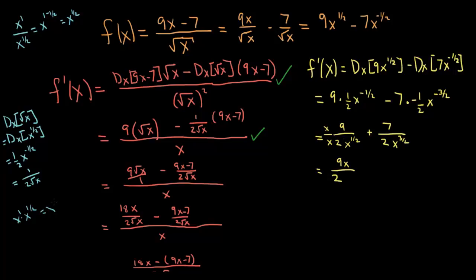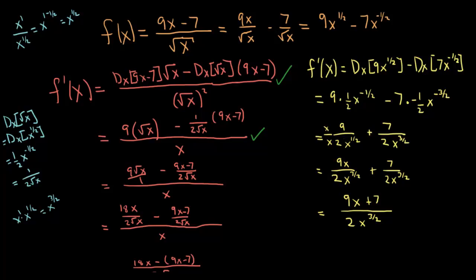So 1/2 plus 1 is 3/2. So our new exponent on the denominator over here is x to the 3/2 power, plus 7 over 2x to the 3/2 power. We now have a common denominator, so we can simply combine the numerators, 9x plus 7 divided by 2x to the 3/2 power.